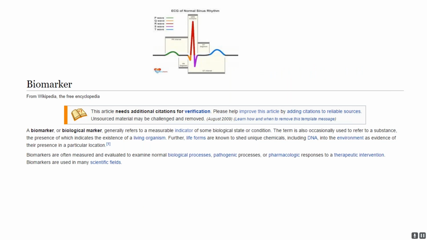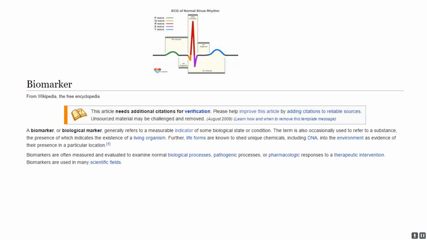So today in medicine, we're getting more scientific, and we as spinal providers want to be more scientific. So we have this thing called a biomarker. It's been around forever, and it generally refers to a measurable indicator of some biological state or condition. So we have blood biomarkers. If the blood glucose level is at a certain level, we say, hey, this person has diabetes. If we see HIV antibodies in the blood, we say, hey, this person has HIV.